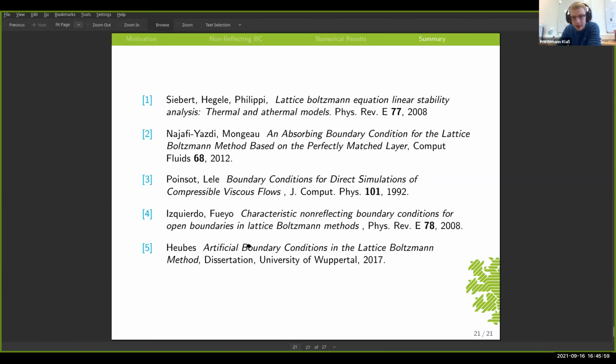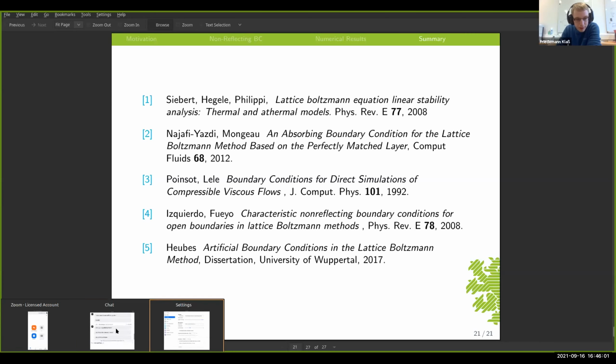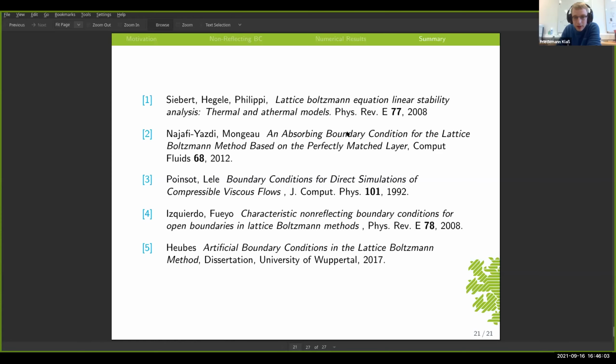I hope this answers the question at least partially. Multi-speed Lodi? No, so far I'm not aware of any publication for multi-speed Lodi, and I haven't published anything on this yet. So it's a new thing, really.